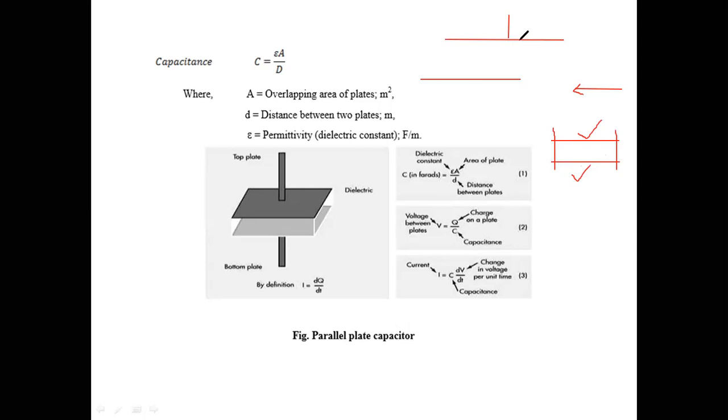But here, up to this part of the plate, I don't have a second plate here. So it doesn't act as a capacitor. And till this part, this plate has no second plate here.